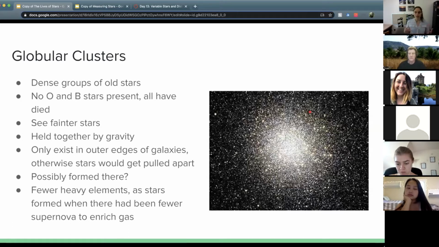Because we need stars to create these heavy elements, and globular clusters formed when there hadn't been many stars to create heavy elements, the stars in a globular cluster are going to have even more hydrogen and helium than the stars we see around us in the area around the sun. So it's just a kind of cool thing to think about, how these older stars have a slightly different composition than the younger stars around us.